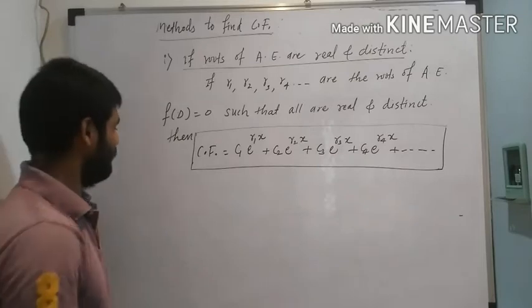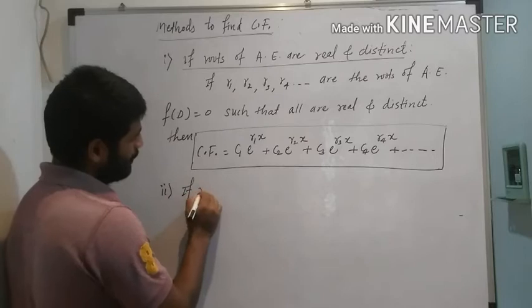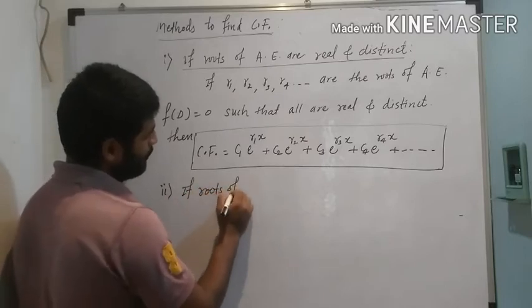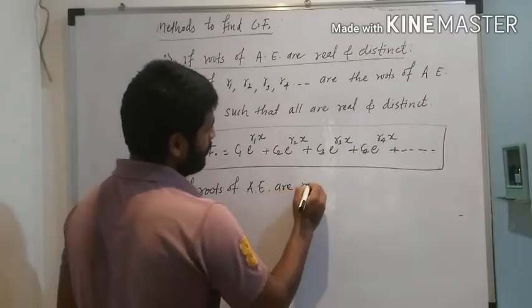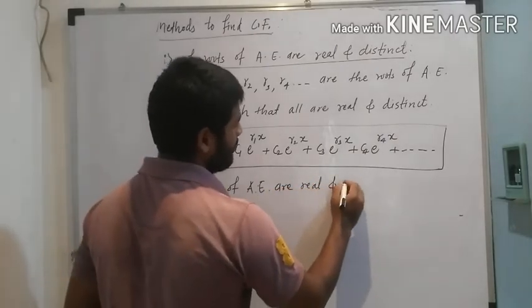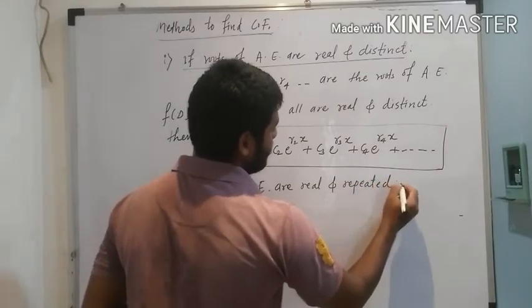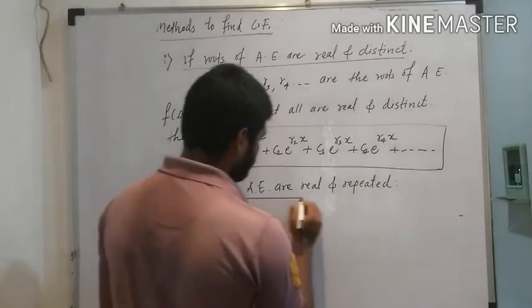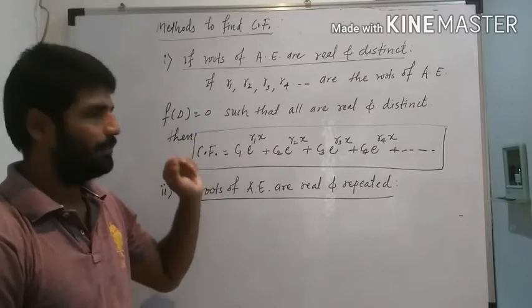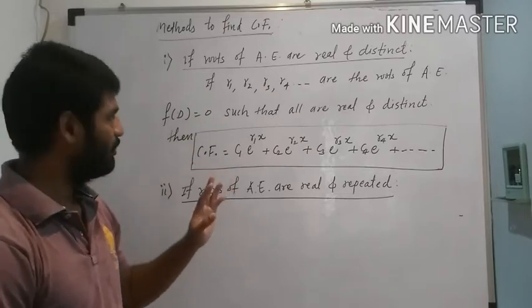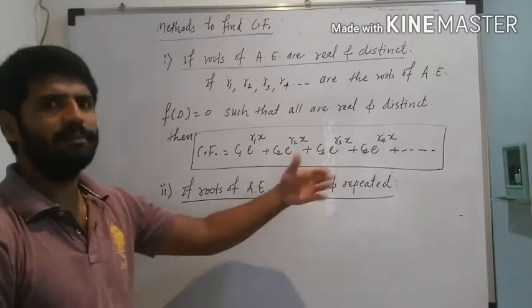Now the second case, see here: if the roots of the auxiliary equation are real and repeated. In the second case, if we solve the auxiliary equation f of D equal to 0 and find out the roots, and we get roots that are real, but one root or two or more roots are repeated.